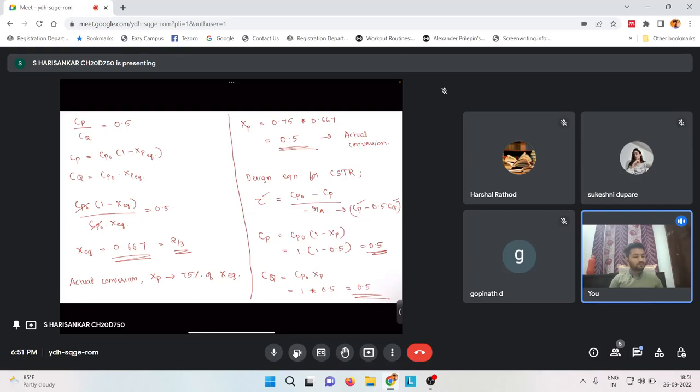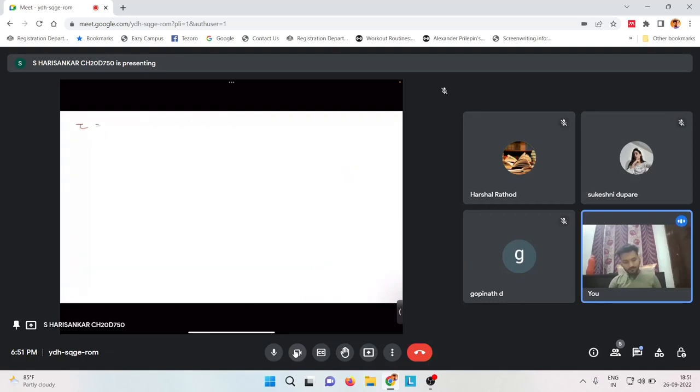Now all we have to do is substitute all these values in the design equation. Tau is equal to Cp0 minus Cp by minus Ra, and that is Cp0 minus Cp by Cp minus 0.5 Cq. So we have Cp0 that is 1, Cp as 0.5, then again Cp 0.5 minus 0.5 into Cq which is again 0.5.